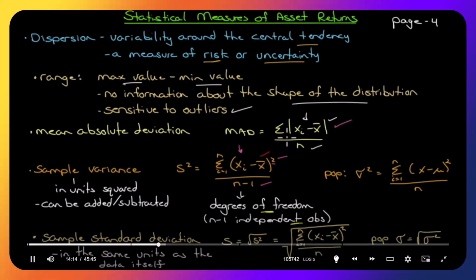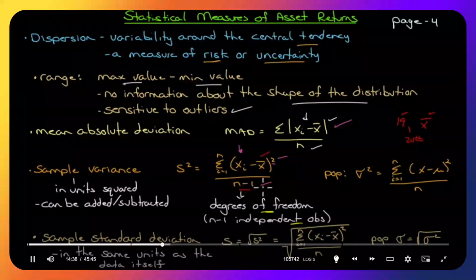And let's say that we had 20 observations. If I gave you 19 observations and I gave you x bar, you could figure out what the 20th one was. In other words, the 20th observation is not independent anymore because it depends upon these 19 observations and the mean. So you only have n minus 1 independent observations. That's why we divide by n minus 1.